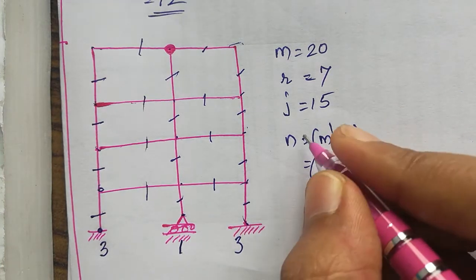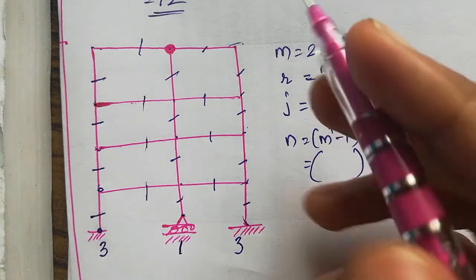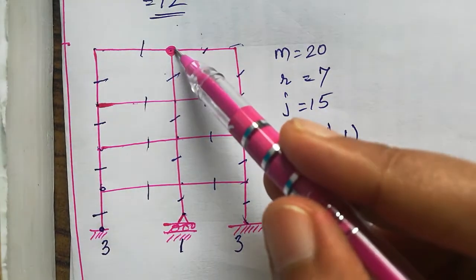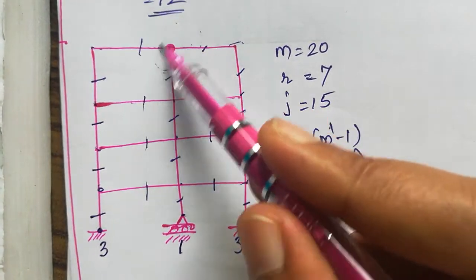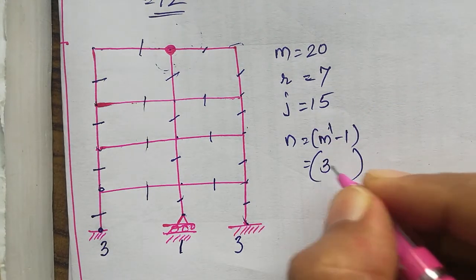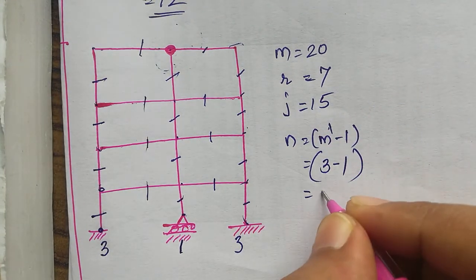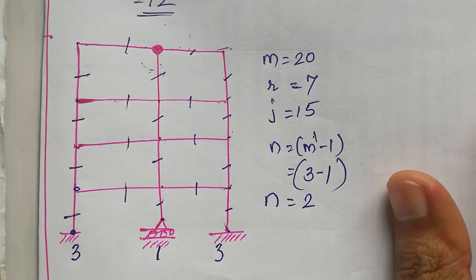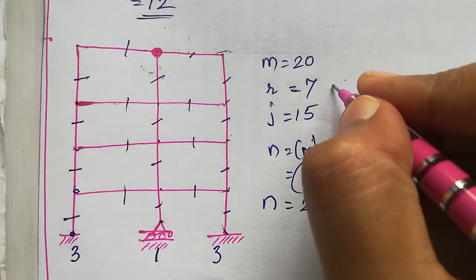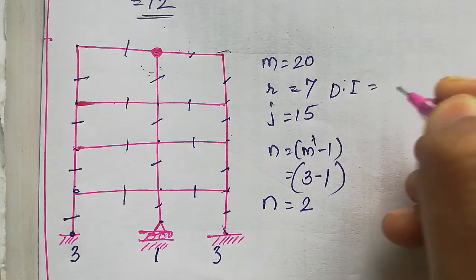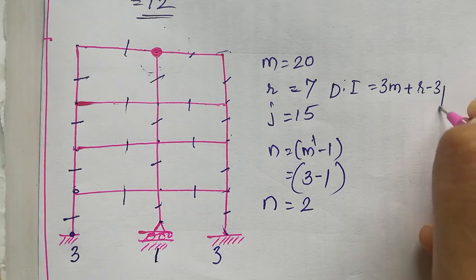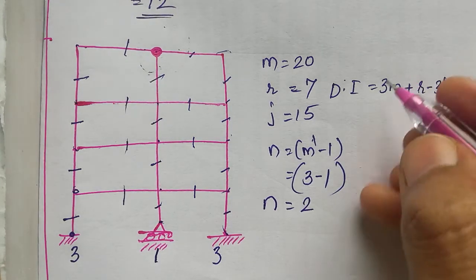Next, m dash. M dash means what? At the internal hinge, how many members are joining? For this internal hinge, how many members are joining? 3. So this is 3 minus 1, so we get n equal to 2. Now degree of indeterminacy is how much? 3m plus r minus 3j minus n.